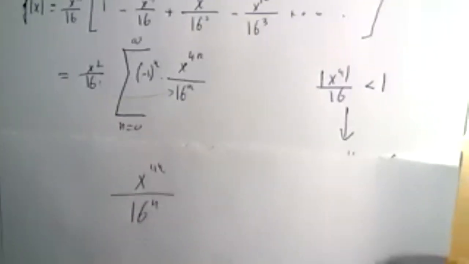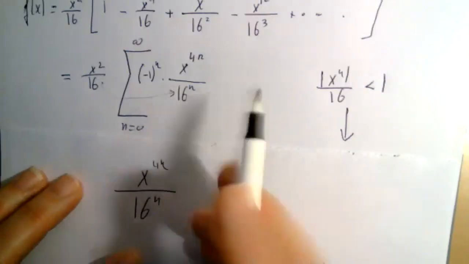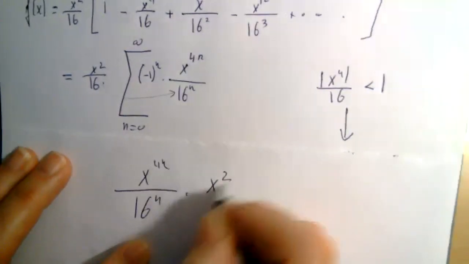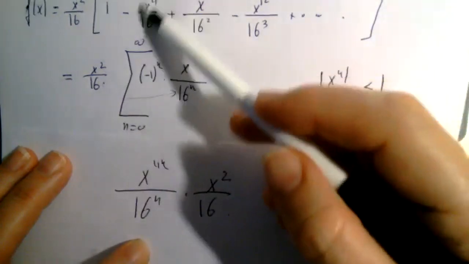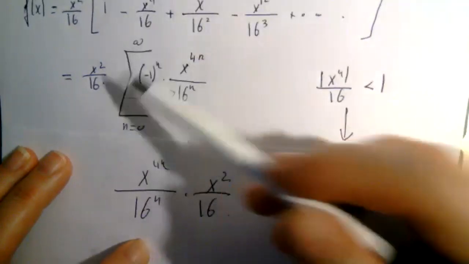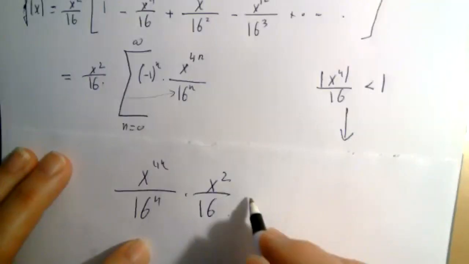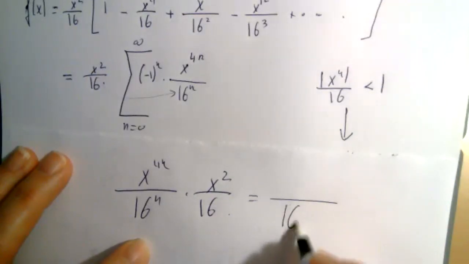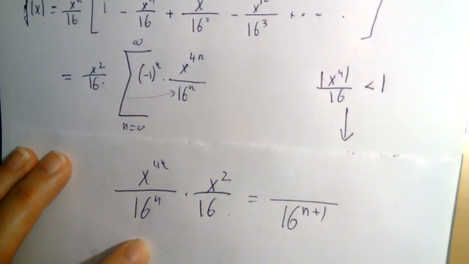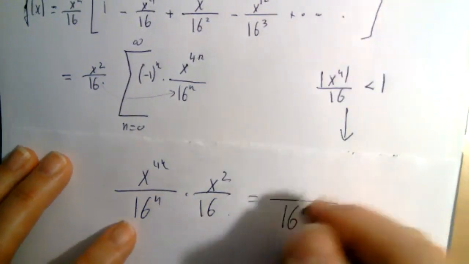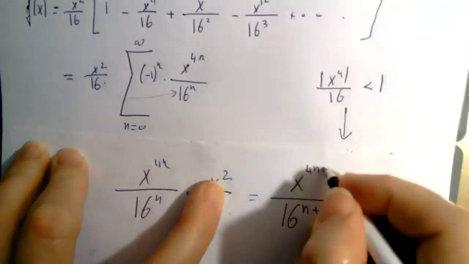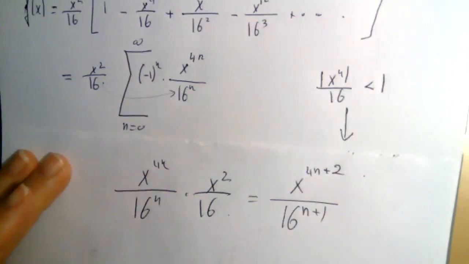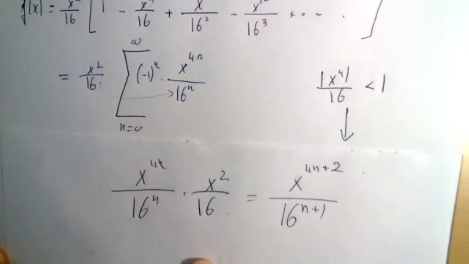Every term is multiplied by x squared over 16. So basically I'm multiplying every term inside the sum by x squared over 16. So the general term is going to have 16 to the n plus 1 in the denominator, and the numerator is going to be the 4n plus the 2. So that's really how we are multiplying.